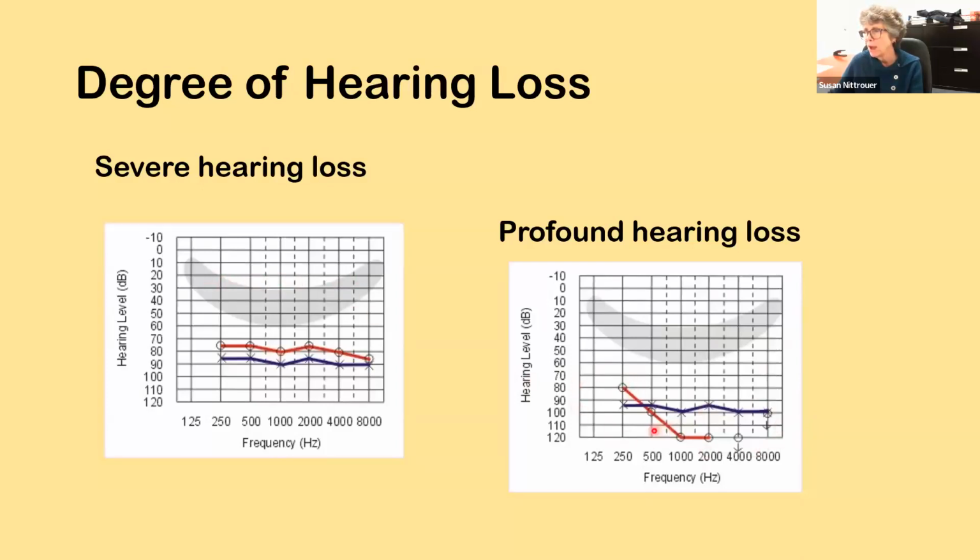Here we have a profound loss. The function here for the right ear indicates what we call a corner audiogram. This is very common. Sometimes patients get slightly better responses in these very low frequencies, almost considered a tactile response.